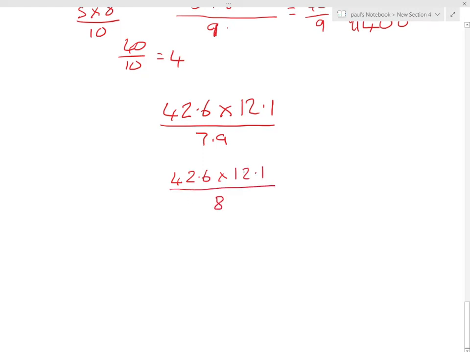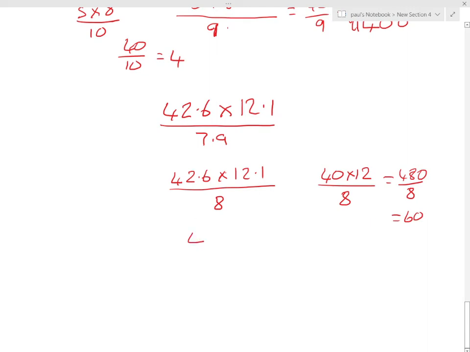Now, we've got to make this something that is divisible by 8 fairly easily. So we could do 40 times 12 divided by 8, which would give you 480 divided by 8, which will give you 60 as an answer.